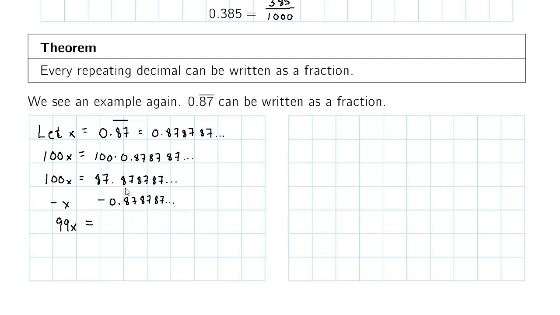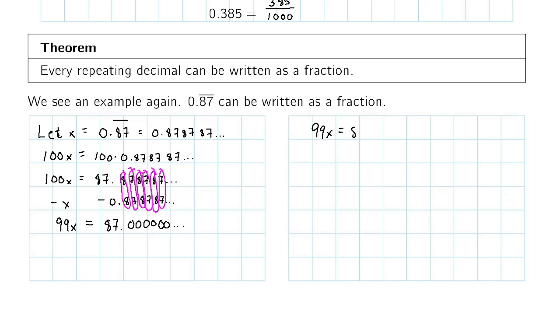And notice that in every place, I have the same digit. So just think about the way we do long subtraction. When I subtract down the columns, I'll be doing 8 minus 8, or 7 minus 7. I'm going to end up with 87.000000, etc.